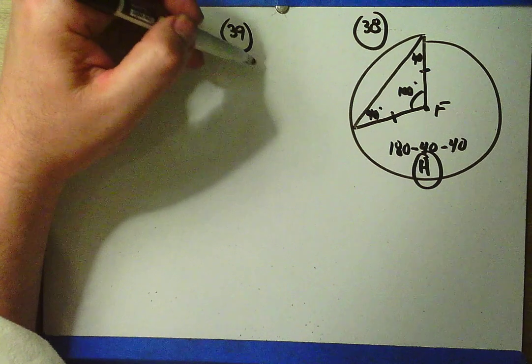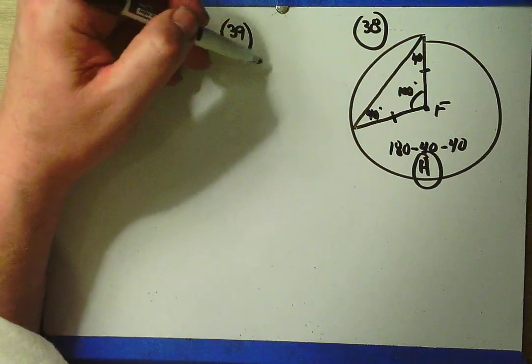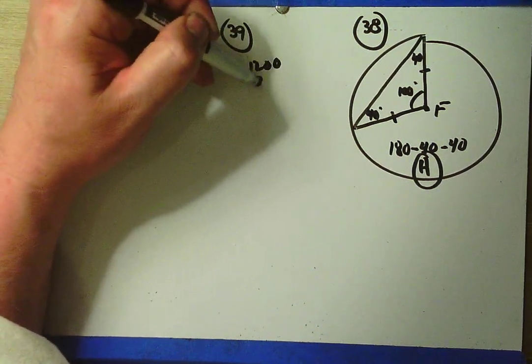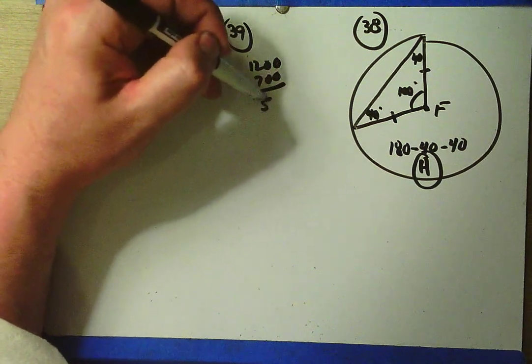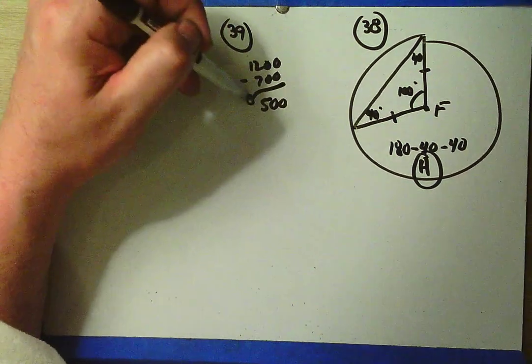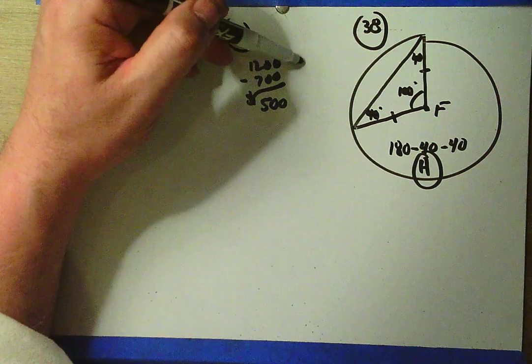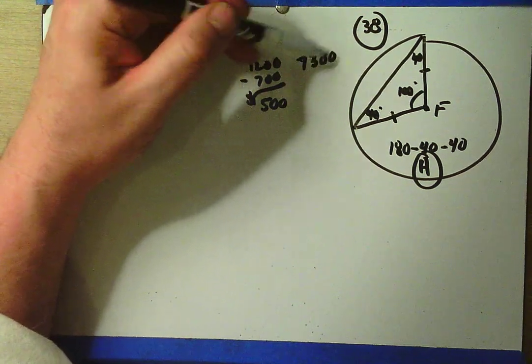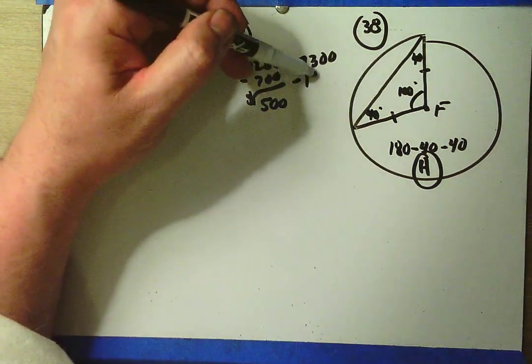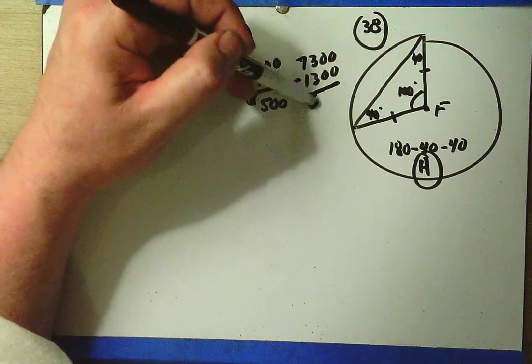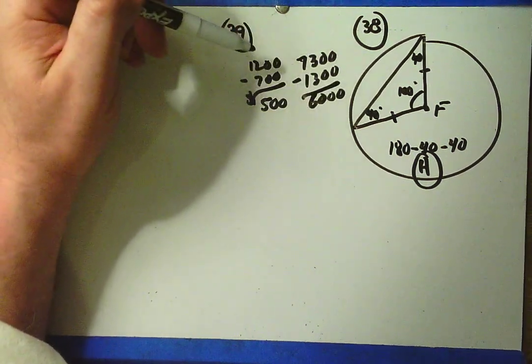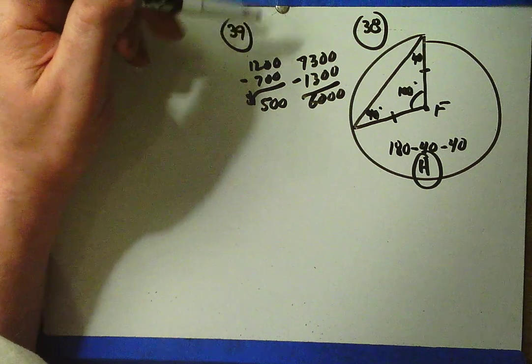So if we take the electricity bill, which was $1,200, and reduce it by $700, she's only paying $500 for electricity. The rent was $7,300, and she wants to reduce that by $1,300, which would be an even $6,000. So what is the total for all the bills now?